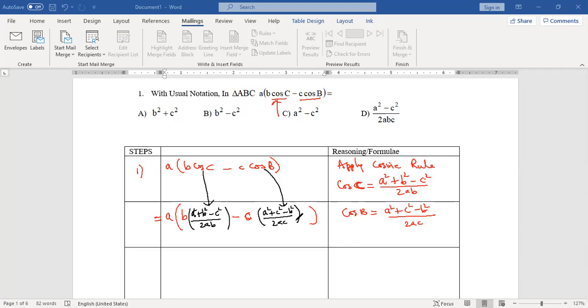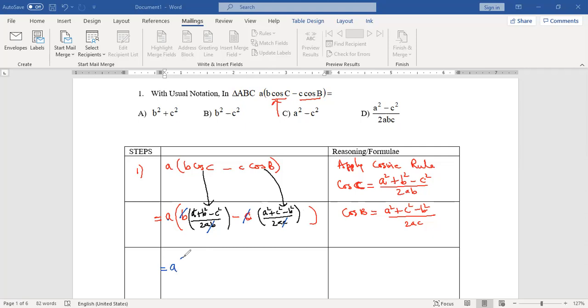Now you need to only just open the bracket. Cancellation possible है ना? Yes, sir. ab और ab cancel हो गया. ac और ac cancel हो गया. अभी आप ब्रैकेट को ओपन करो तो ab cancel हो जाएगा.